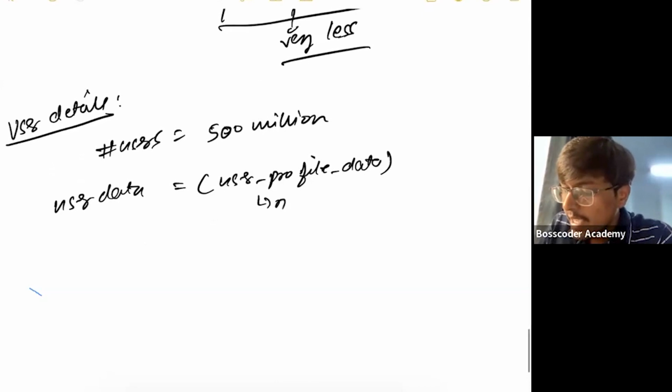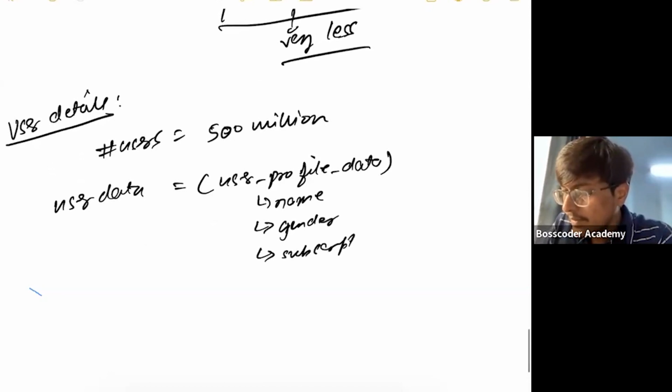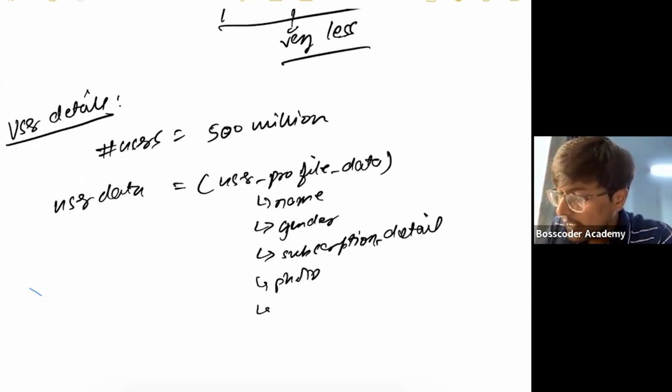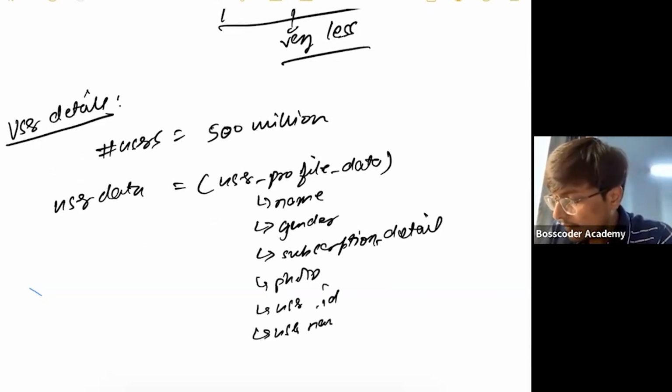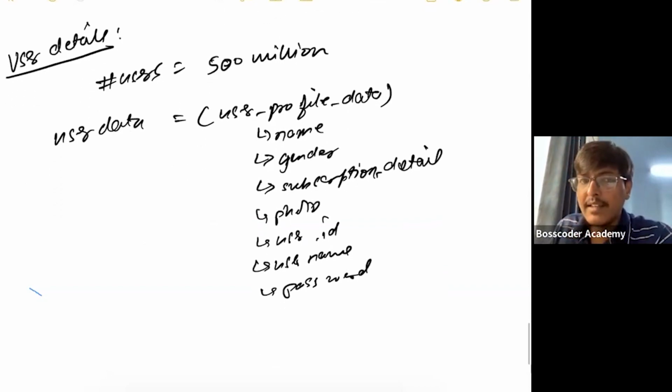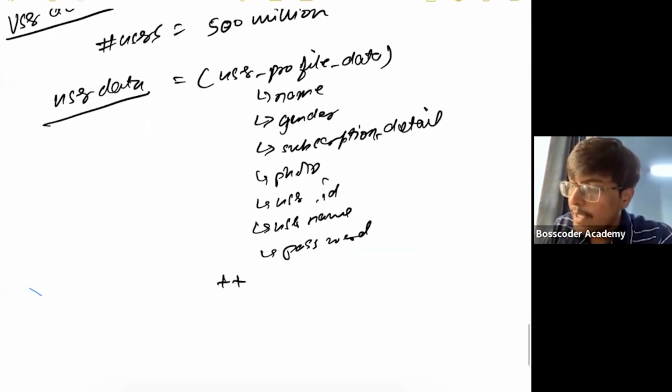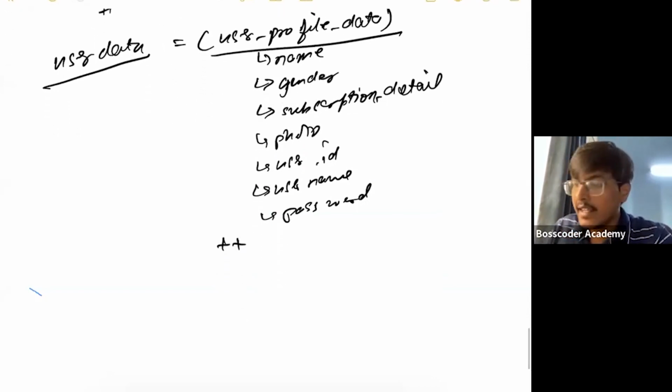User profile data is name, gender, subscription detail, photo, user ID, username, password, multiple things, right? And the second thing in user data is user interaction with movie.